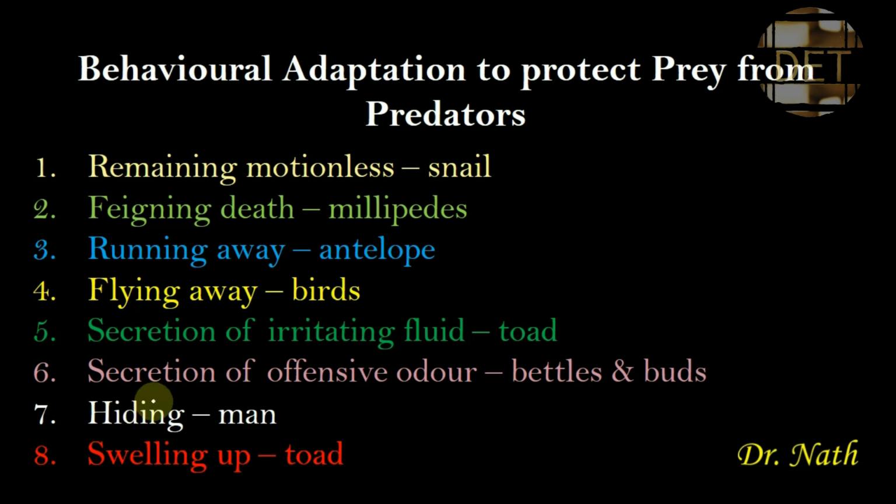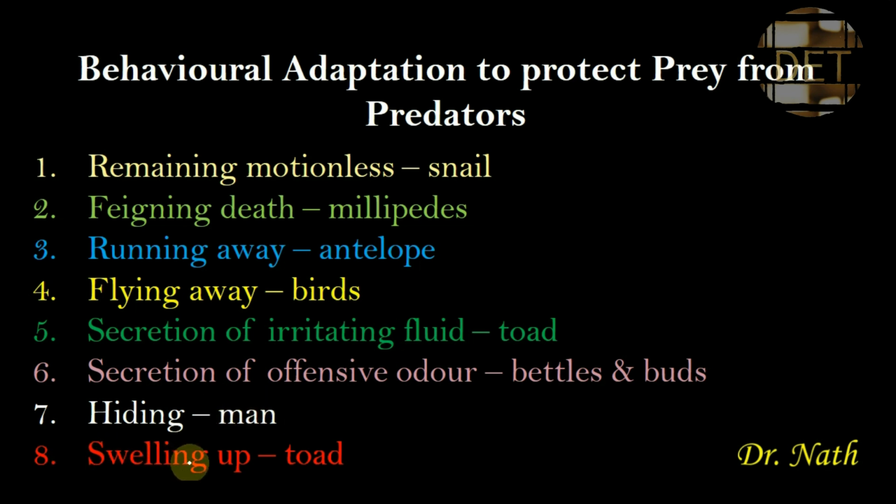Then number 7, we have hiding, and this can be seen in human beings. If a human being sees a lion, if you cannot run away, you are simply going to hide. If you come in contact with an armed robber, a kidnapper, you will hide. That hiding is a behavioral adaptation that protects man from its predators.